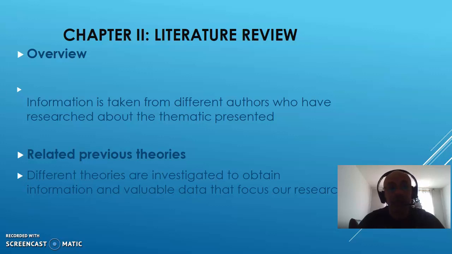Chapter number two, the literature review. We're going to see the overview. This is information taken from different authors who have researched the thematic presented. In this case, we see accredited sources that have talked about different elements of education in Colombia and related previous theories.